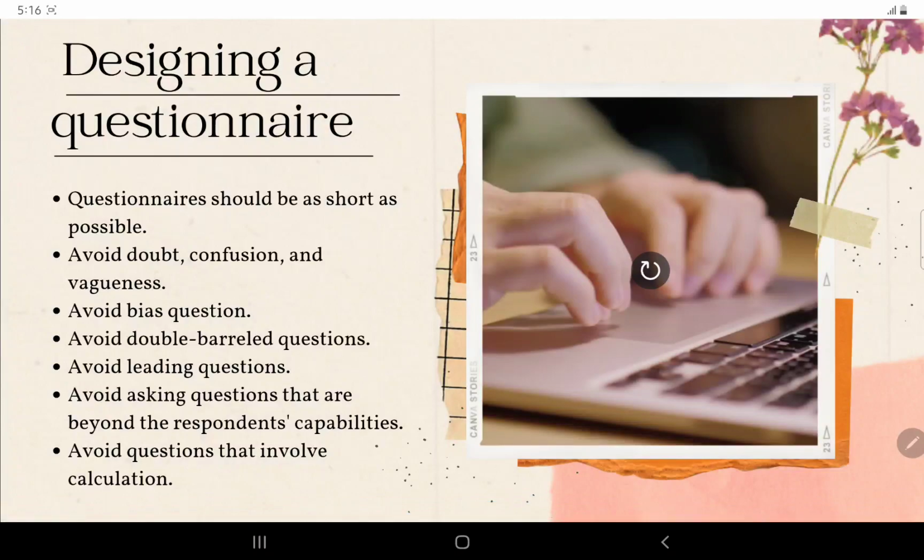Okay, your questionnaire should be short and simple, and avoid any controversial questions. Okay, avoid sensitive questions, and you also must make sure that there are no errors in your questionnaire.